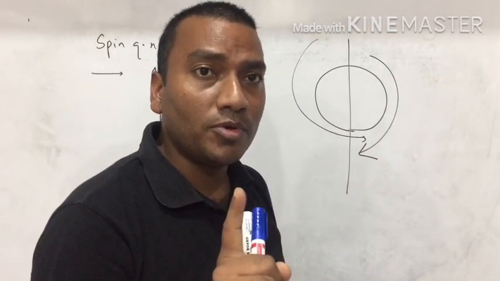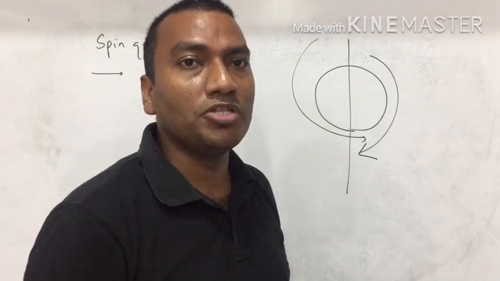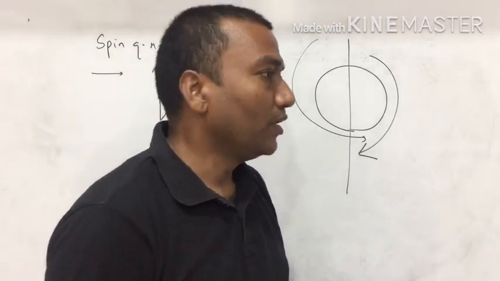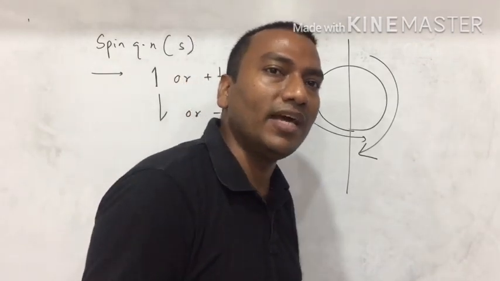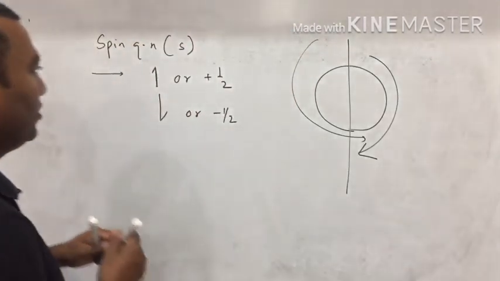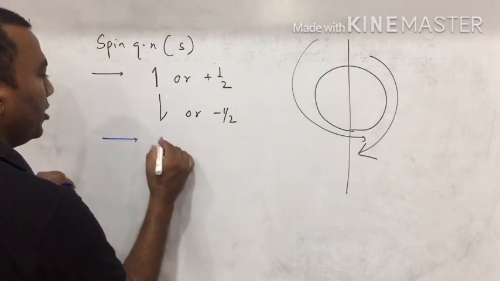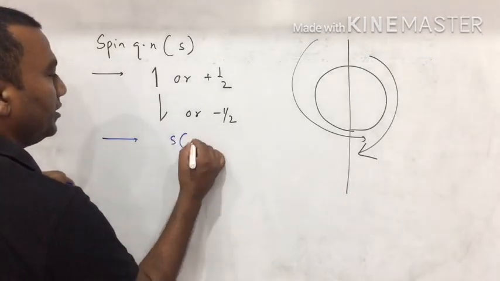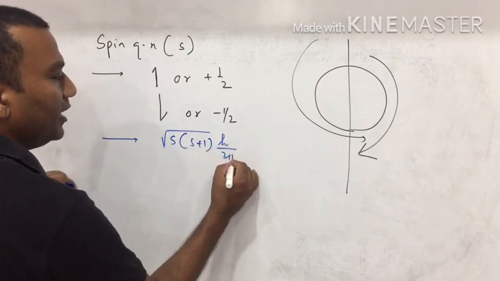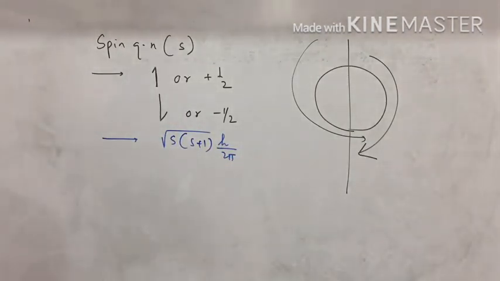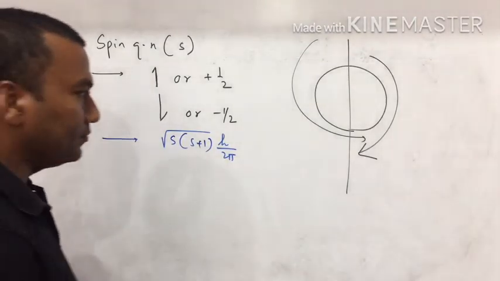Remember, spin quantum number is not derived from the Schrödinger wave equation. Using spin quantum number also we can explain the angular momentum, because from the beginning I am telling that angular momentum equals root over s into (s plus 1) times h by 2 pi.